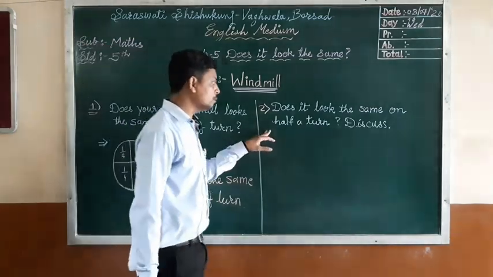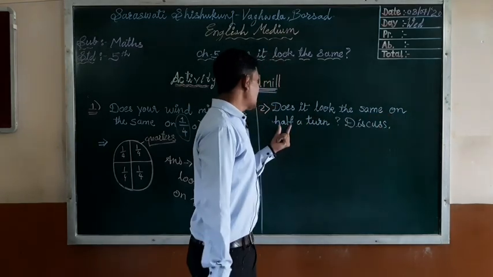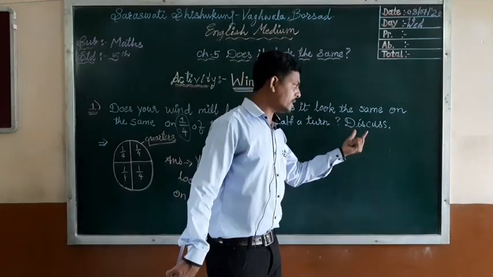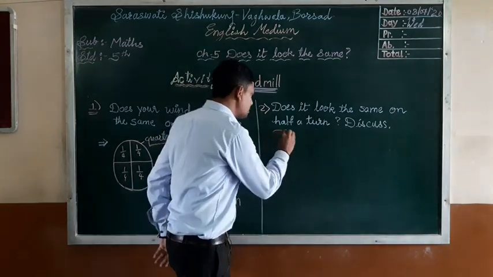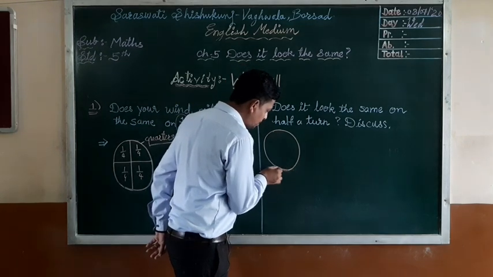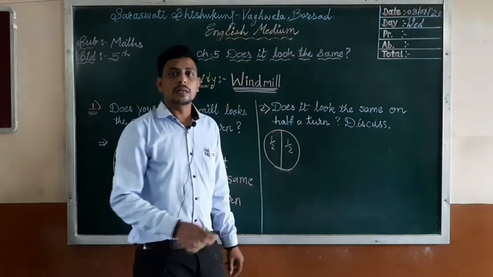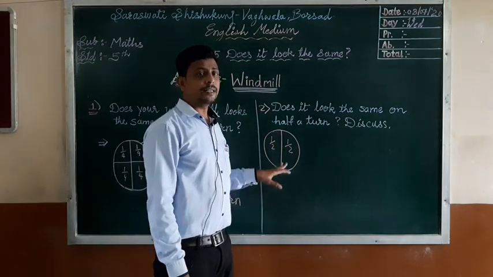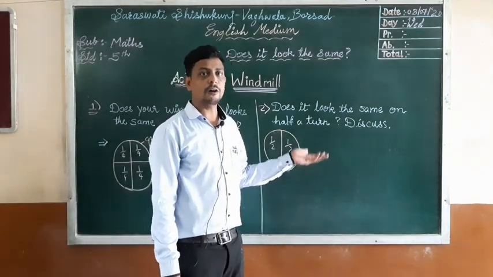Now we will move to the next question. Question number 2. Does it look the same on half a turn? Now, what is half, you know? Suppose this is a whole, and if we divide this whole into two equal parts, then each part is called half. Now, if we rotate the windmill by half, does it look the same or not?